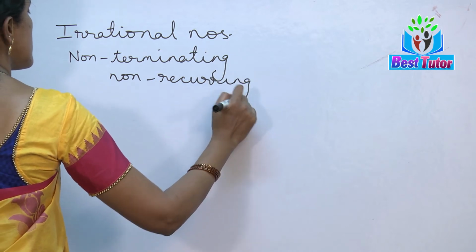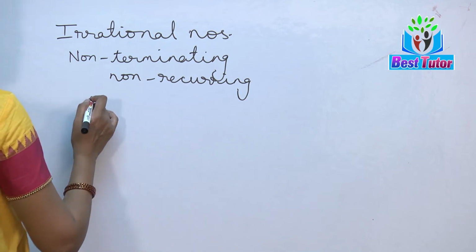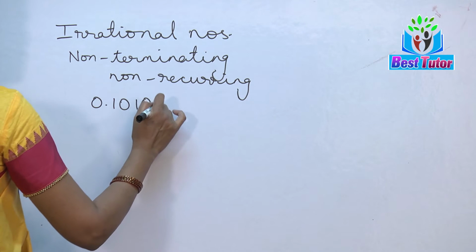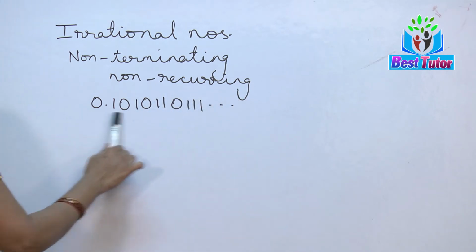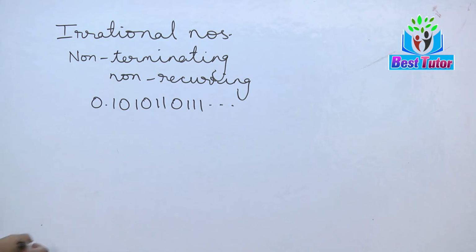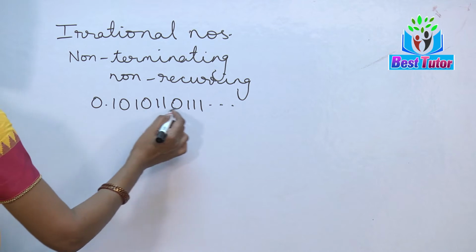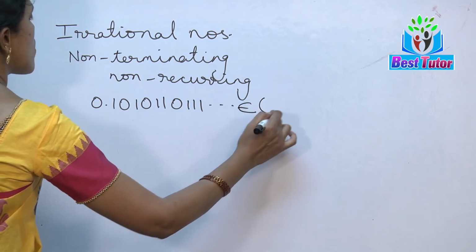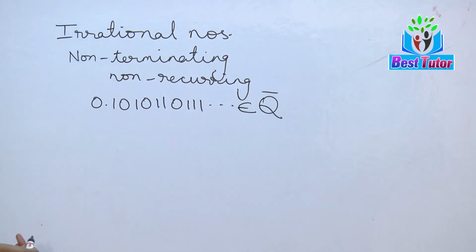In the sense, the process of division never ends nor does the quotient repeat. For example, 0.1, 0.11, 0.111, and so on. In this example, there is no end to the process nor is the decimal part being repeated. Such a decimal belongs to irrational numbers, and the set of irrational numbers is represented by the letter Q bar.